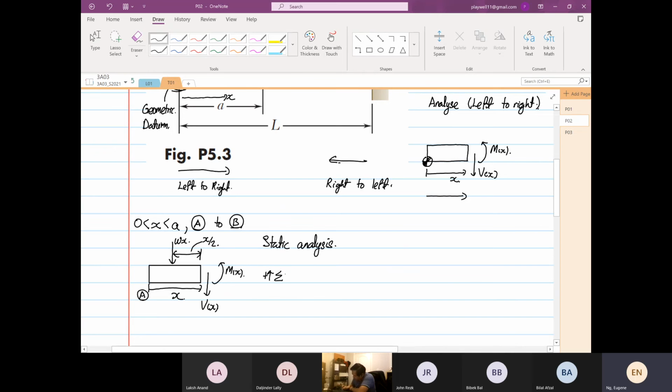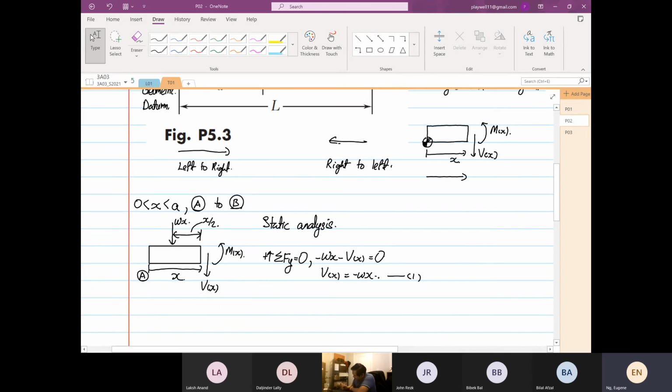First we do summation of forces in the y direction equal to 0. So you have minus omega x minus V as a function of x, the whole thing equal to 0. So V as a function of x is equal to minus omega x. This is your equation number 1. Omega is a small letter, not big. I do apologize.